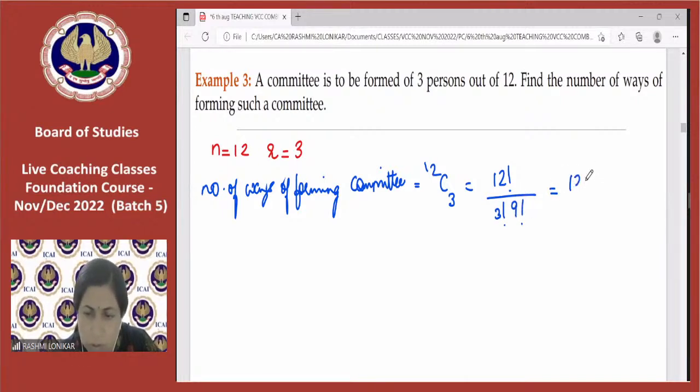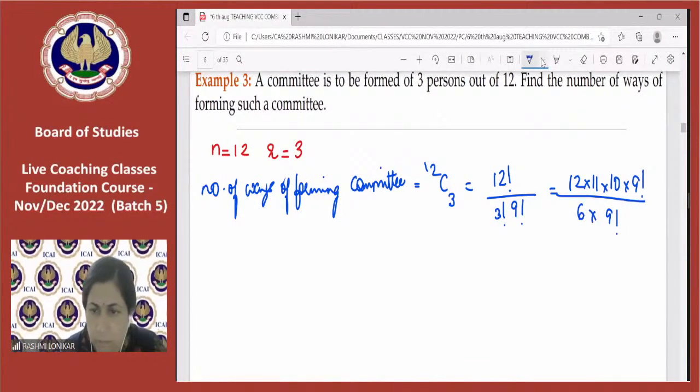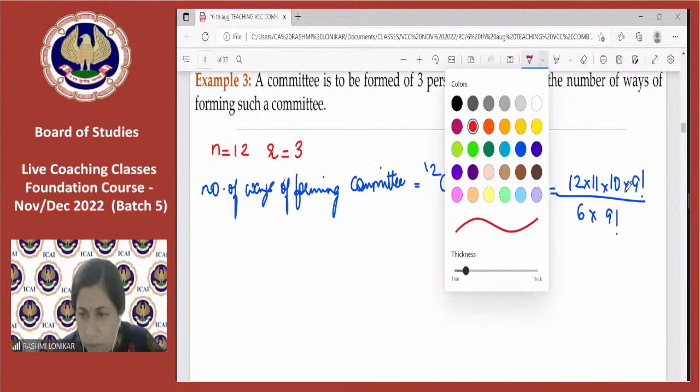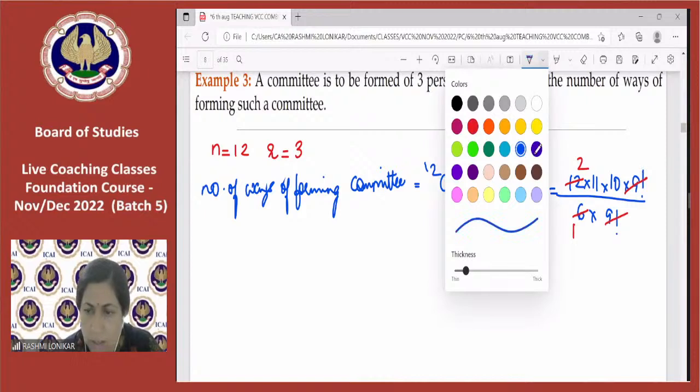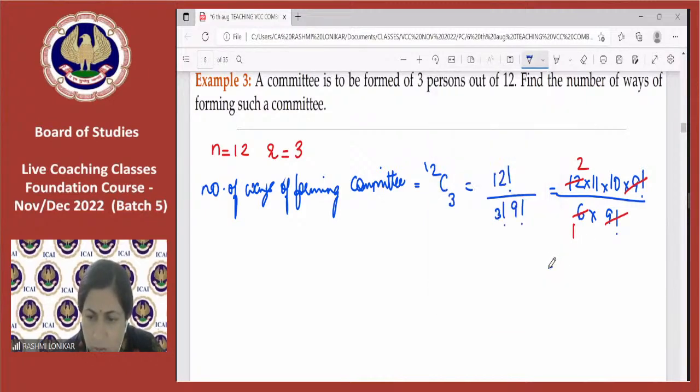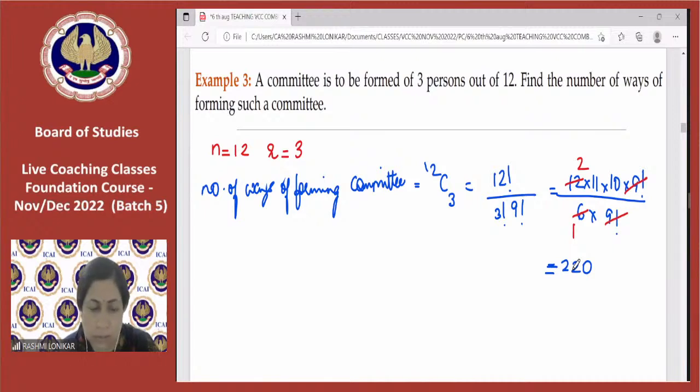So this is equal to 12 into 11 into 10 into 9 factorial upon 3 factorial, I know, is 6 into 9 factorial. So 9 factorial will get cancelled. 6 ones are 6, 6 twos are 12. So what will I get? I get this as 220. Okay. Answer is 220. So there are 220 ways in which I can form the committee. Clear? Next sum.